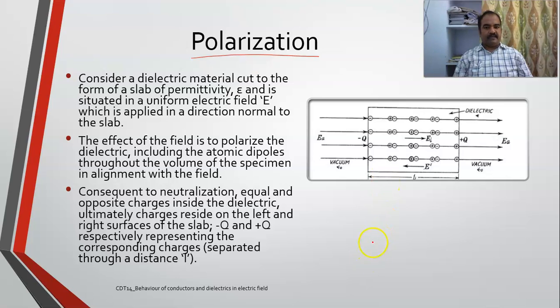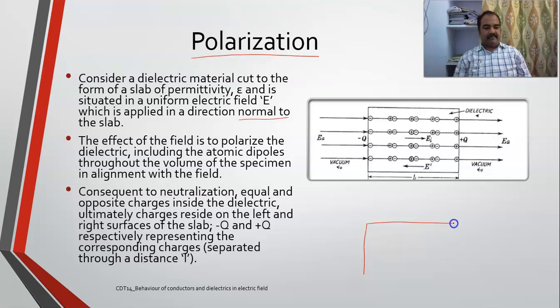Let us suppose I consider a dielectric material with a permittivity of epsilon, situated in an electric field E which is applied in a direction normal to the slab. What is the meaning of this?